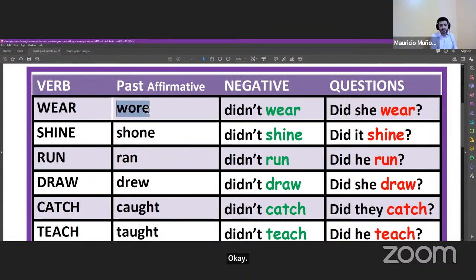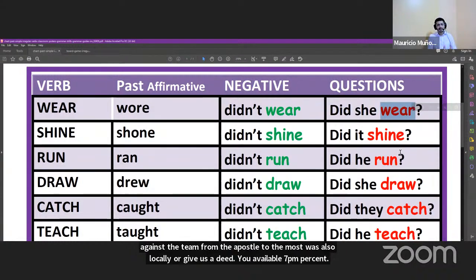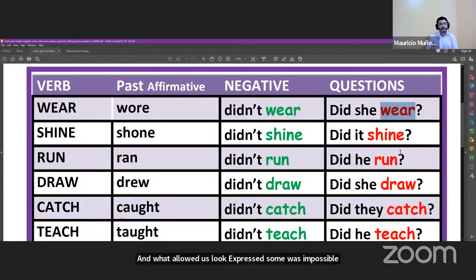For example, you say yo vestí, I wore, or yo no vestí, I didn't wear. You see? Positivo y negativo en el pasado. Ahora, si deseamos formular una pregunta, en el pasado tenemos un solo auxiliar que va a ser did, y el verbo se mantiene en presente. En otras palabras, lo que expresamos en pasado en forma afirmativa es donde el verbo va a cambiar, en este caso a su forma pasada.